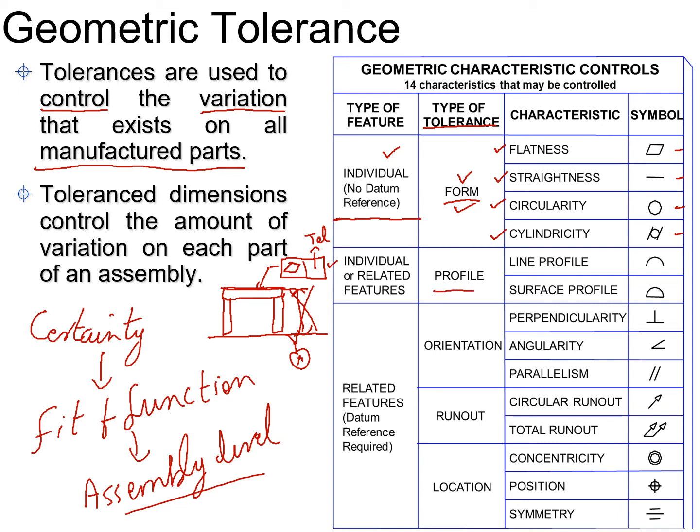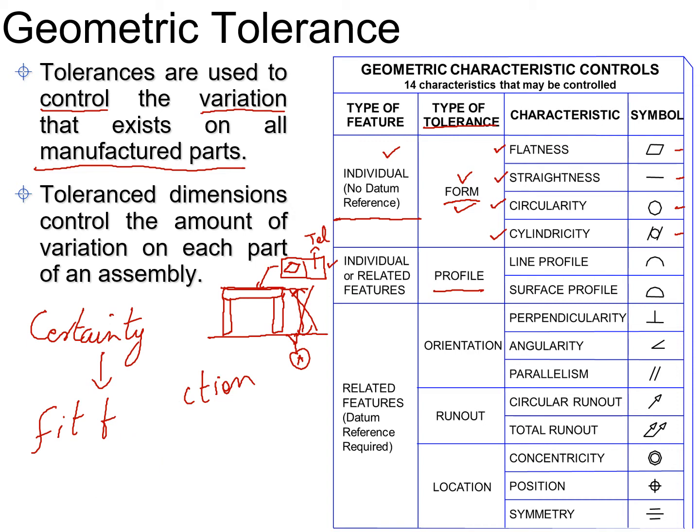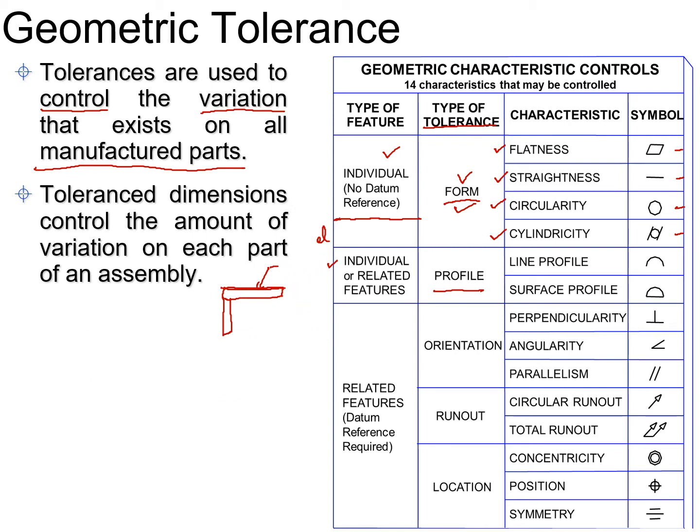Then we have profile tolerances, and profile tolerances are used for features that have a profile like an arc or a semicircular feature. Then what we do, we define their profile, and they can be defined individually, or they can be related to a certain feature or a datum, as we said.